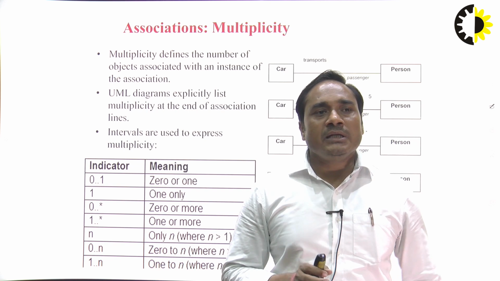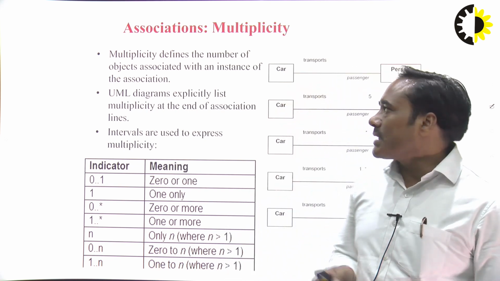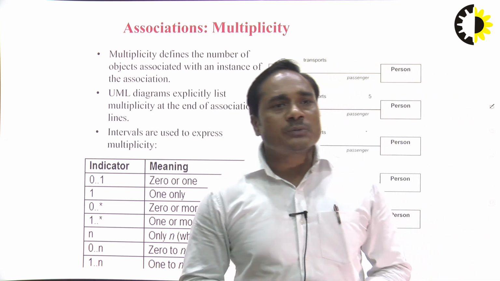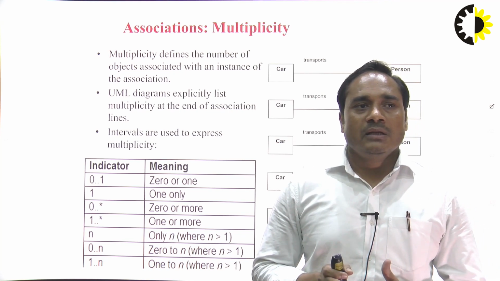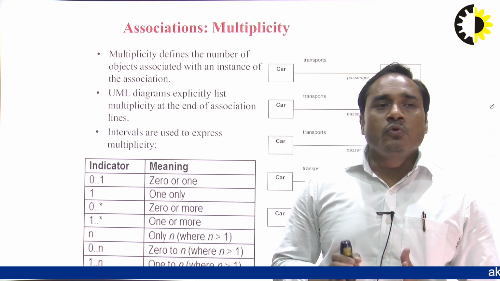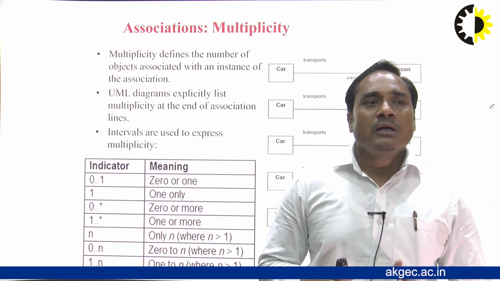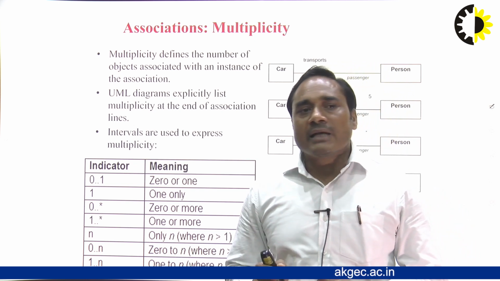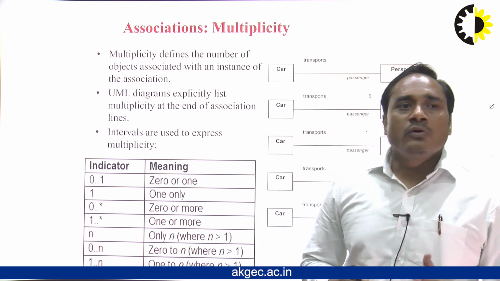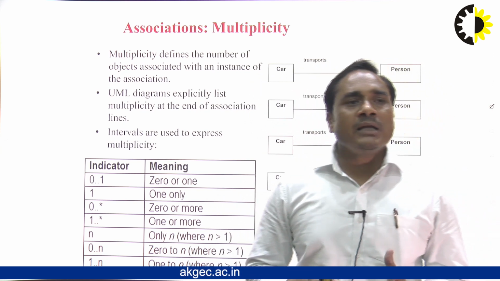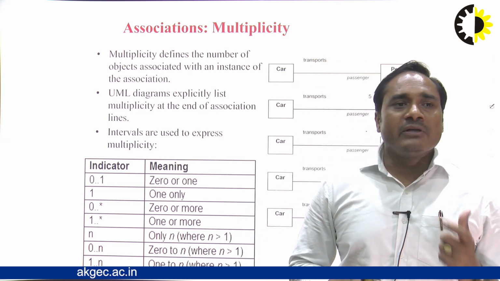Multiplicity can be shown by a diagram, like car, transport and passenger, person. Car is a class, person is a class. If two classes are connected by lines, that shows the association. In the second diagram, a car is a transportation car that carries the passenger.